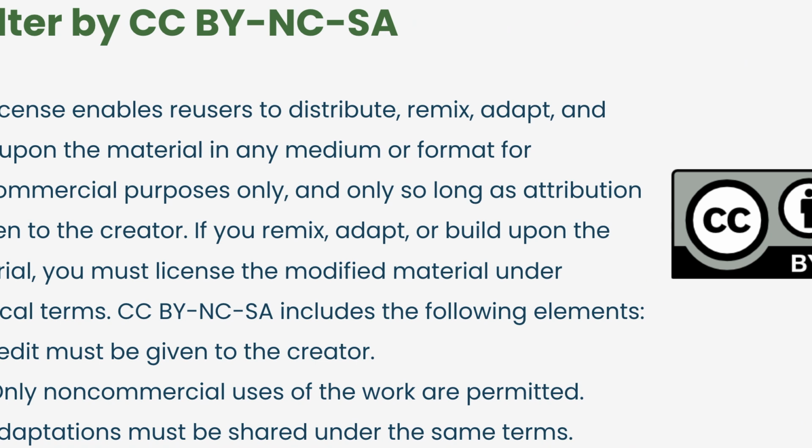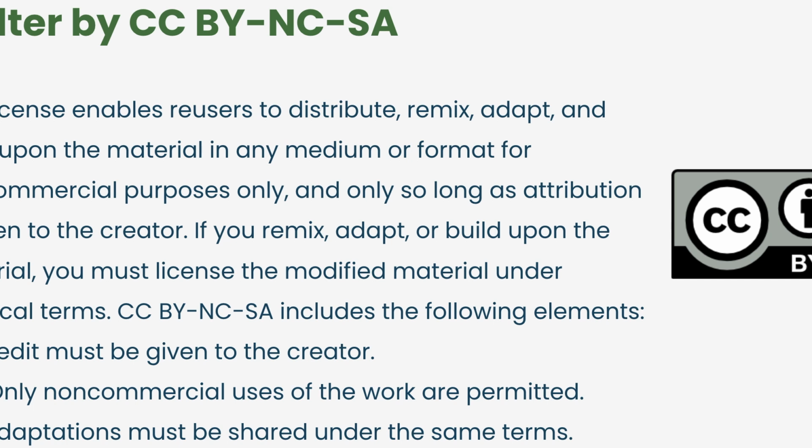Now we are going to the next license, which is filter by CC BY-NC-SA. This license enables the user to distribute, remix, adapt, and build upon the material in any medium or format for non-commercial purposes only, and only so long as attribution is given to the creator. If you remix, adapt, or build upon the material, you must license the modified material under identical terms.